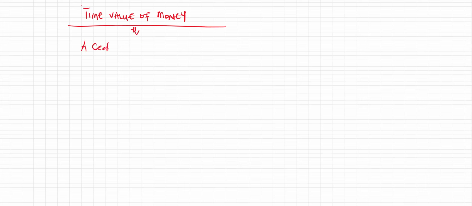Now, when we talk about the time value of money, what does it mean? The time value of money simply states that a cedi, or 1 cedi today, is more valuable, or is worth more, than a cedi tomorrow.